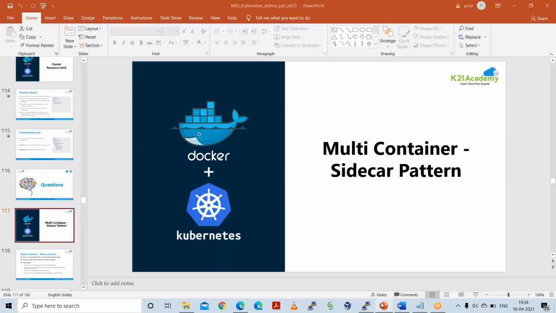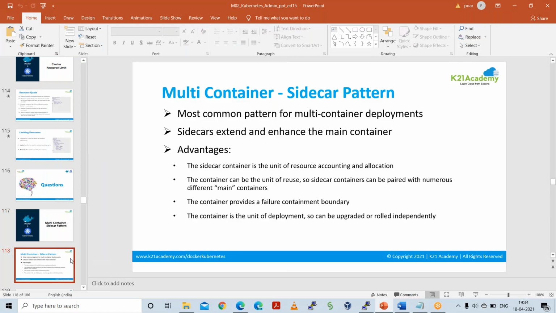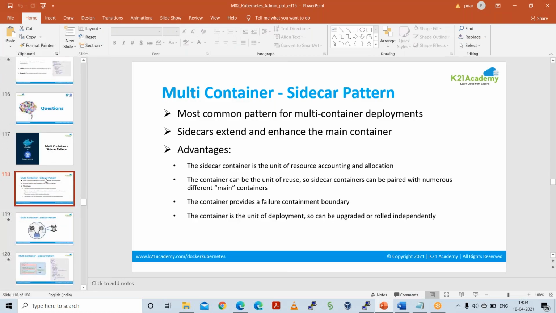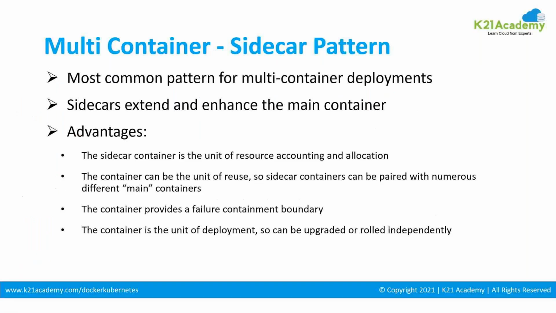Basically, let me just show you one diagram. So what is a multi-container sidecar pattern? This is the most common pattern for multi-container deployments. There are multiple patterns, such as the ambassador pattern, the adapter pattern, and the sidecar pattern.